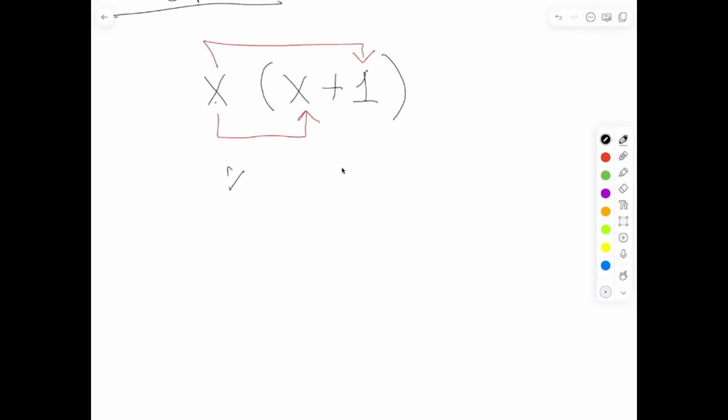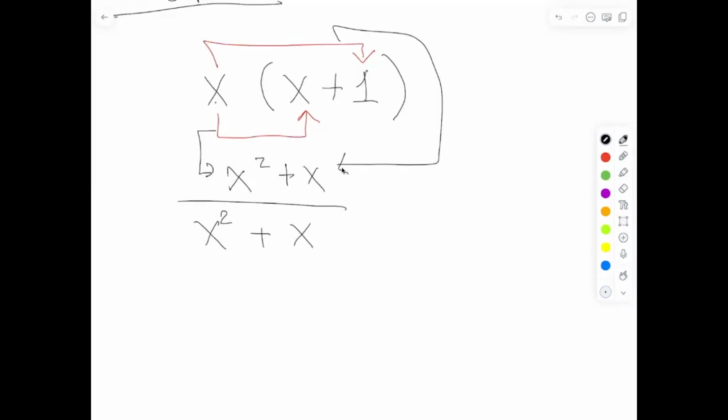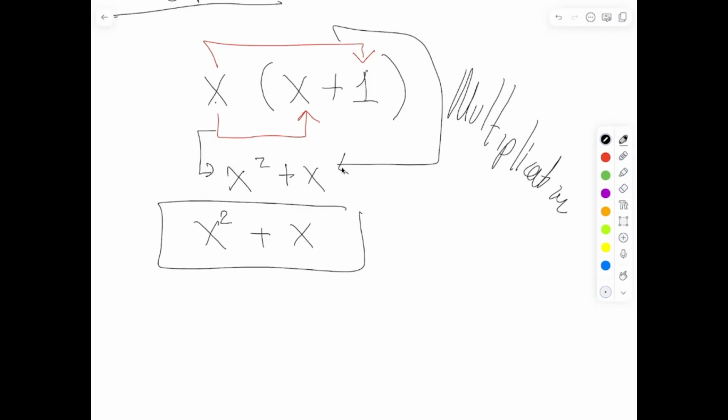X times x is x squared, and x times 1 is what? X. Plus x. So I have x squared plus x, correct? Yes. This is multiplication of monomials.